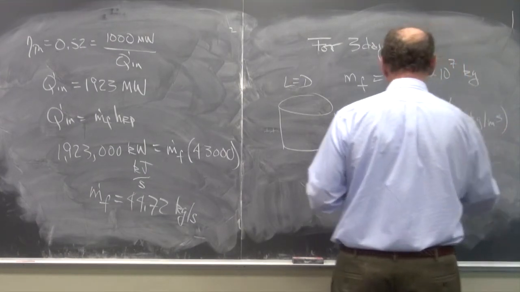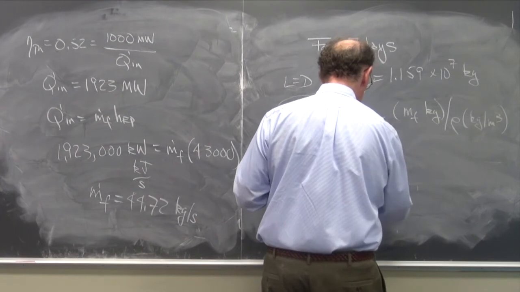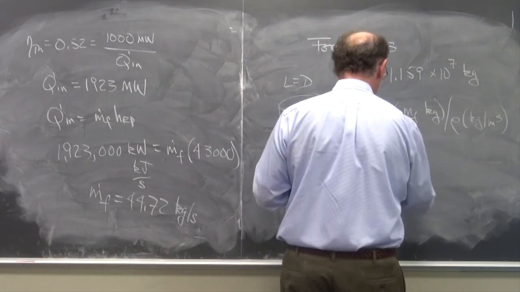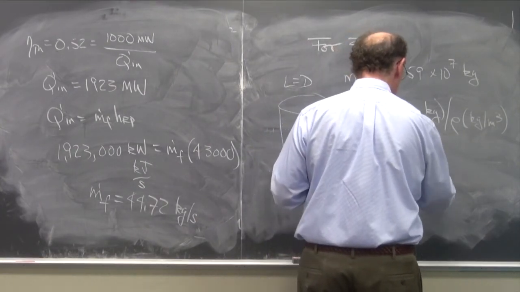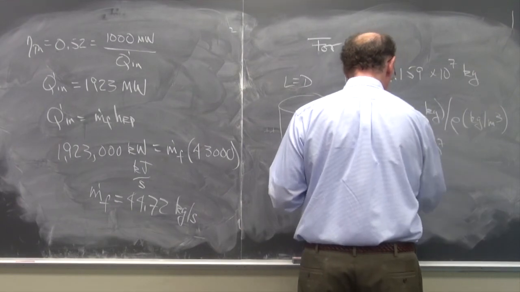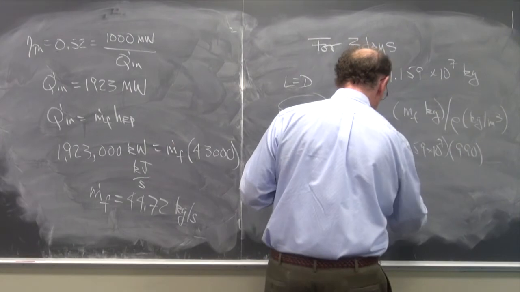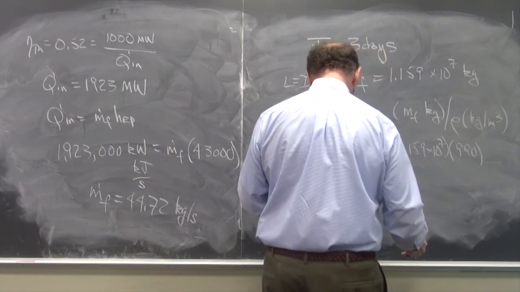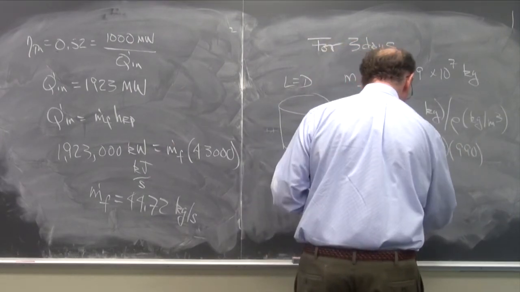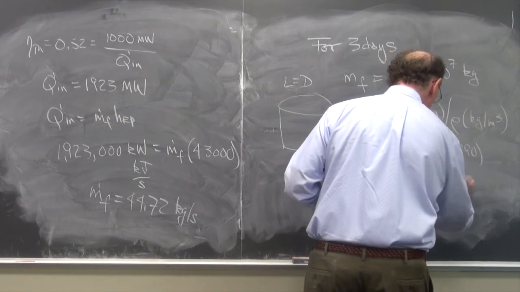The volume of the fuel is 1.159 times 10 to the 7 divided by 990. So this is going to be 11,708 cubic meters.